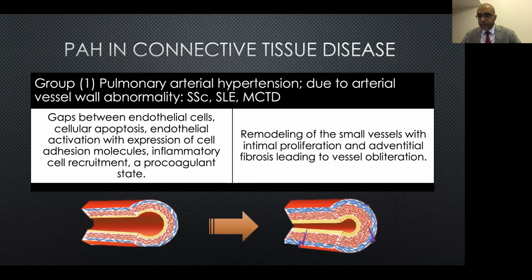Remodeling leads to thickening of the intima, increased intimal proliferation as a response to the endothelial injury, and finally adventitial fibrosis that limits the expansion of the pulmonary vessels, causing a significant increase in pulmonary artery pressure. This is the most common mechanism happening in scleroderma, SLE, and mixed connective tissue disease.